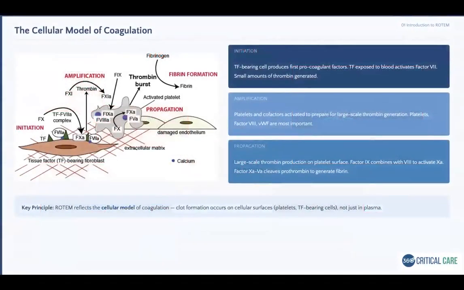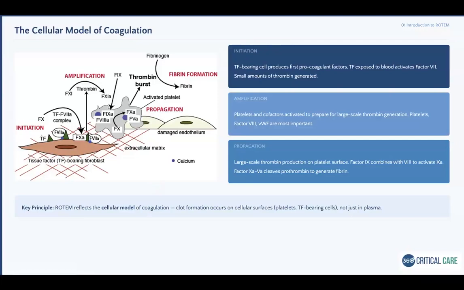Now we know the cellular model of coagulation includes three phases, that is clot initiation, amplification, and propagation. Through these three phases, the coagulation factors get activated and form a clot which stops bleeding. At different stages of this process, different factors come into play.